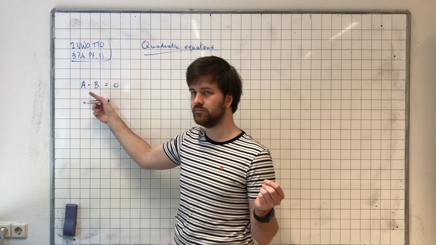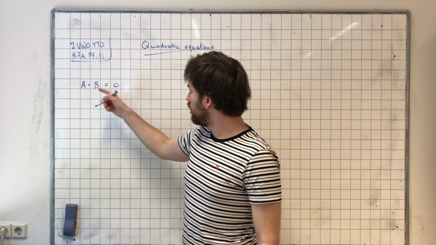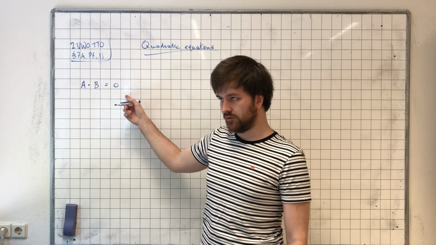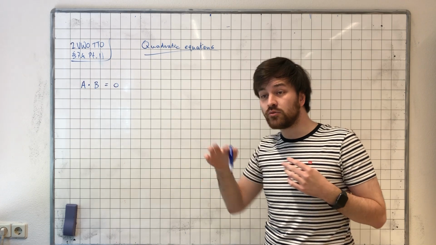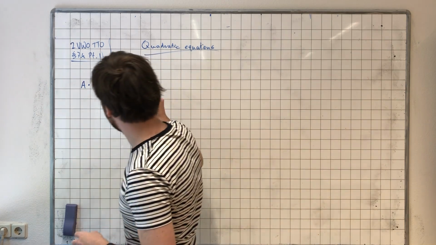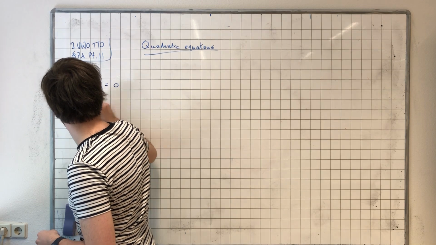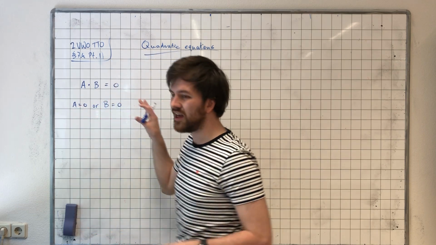Then this has to be 0, because 5 times 0 is 0. Okay, but what if B is 4, for example? Then 0 times 4 is 0. So if this answer is 0, then at least one of these things has to be 0. So either A is equal to 0 or B is 0. One of these things has to be true.